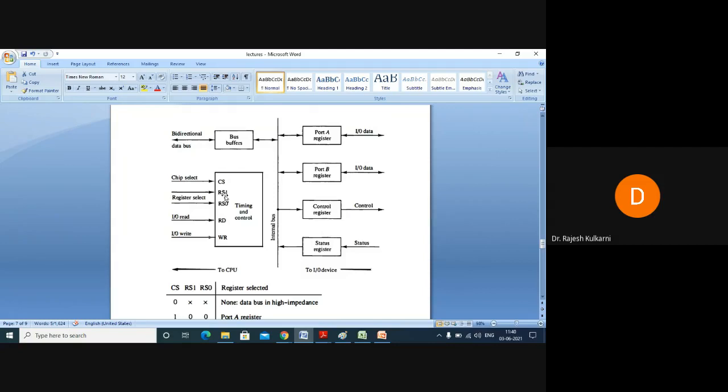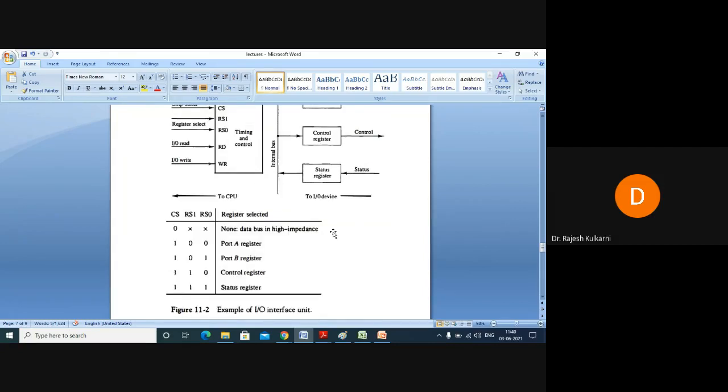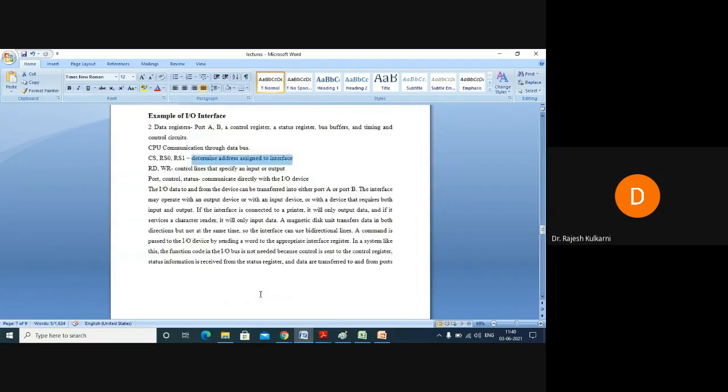For example, in this table, if it is 100 from chip select and register select, it will be port A, 101 port B, 110 control register, 111 status register. It means that particular register will be activated.